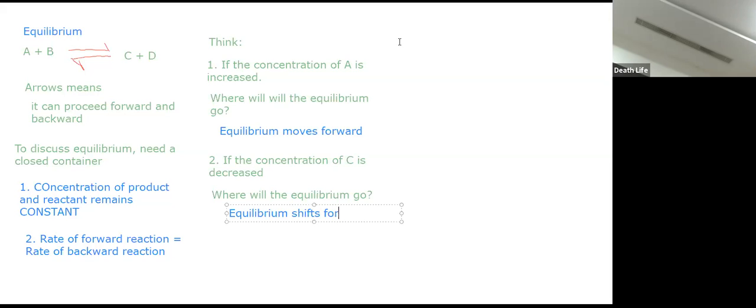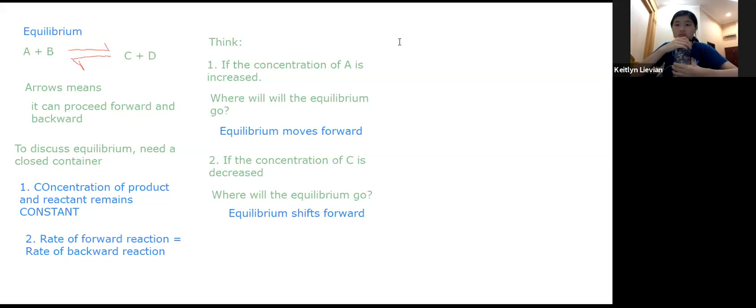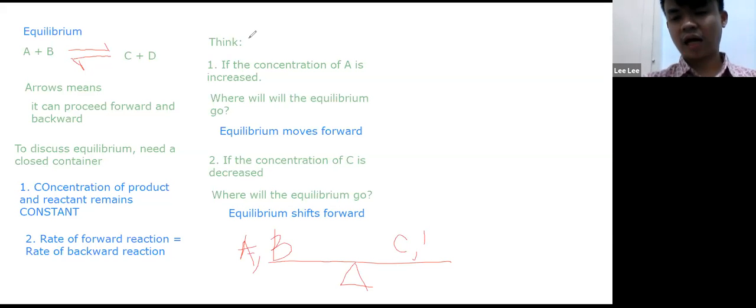For those who don't understand this concept, just think of a simple balance. You have A and B on one side, and C and D on the other side. Our concern is to make the balance stay constant.